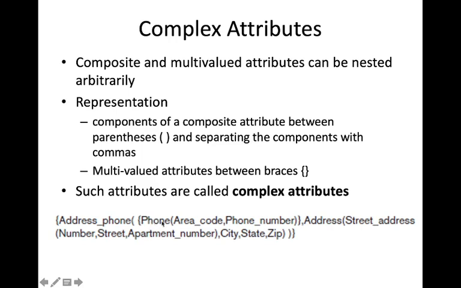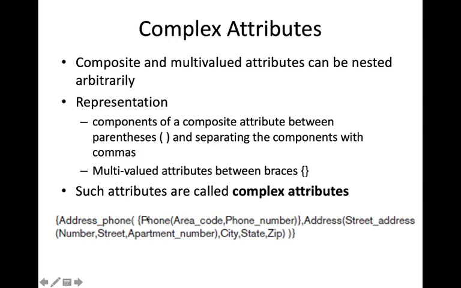Maybe two phones will be available in a particular house. Then it is a composite attribute, which is why it is given in parentheses. There are several components: one is phone and then address. We are storing the phone number details and also the address details of a particular person.